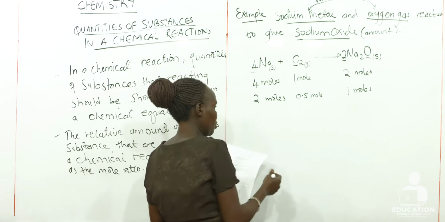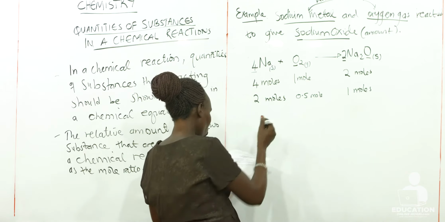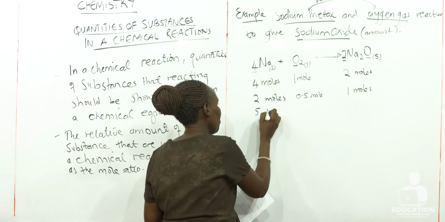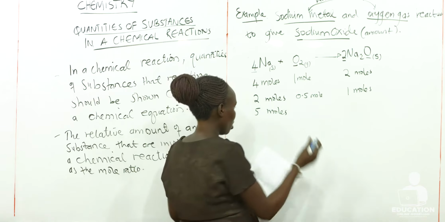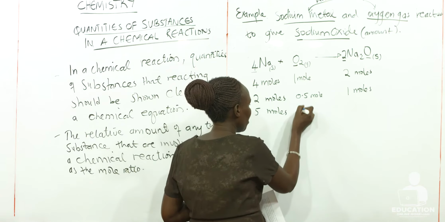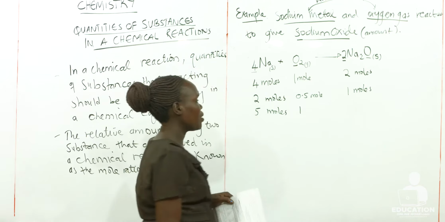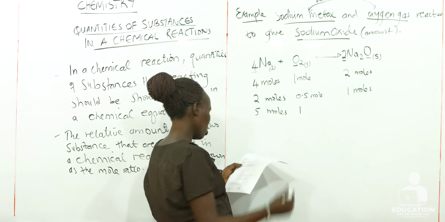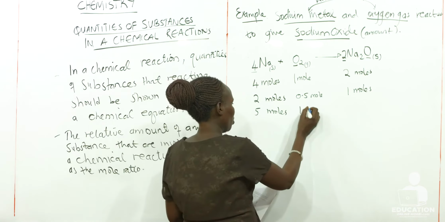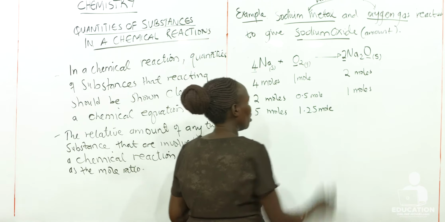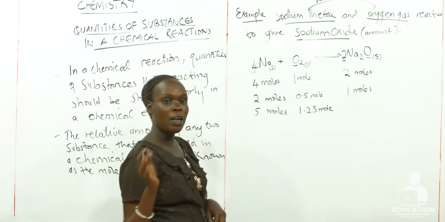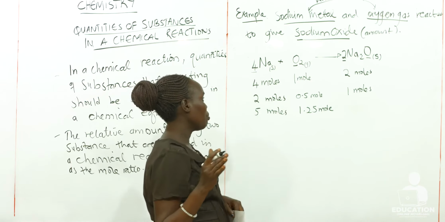So we shall have 5 moles of sodium, and when you divide 1 over 5 it will give us 1.25 moles, which represents the oxygen molecules.